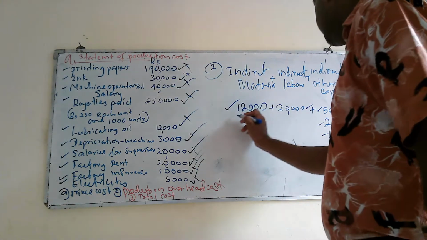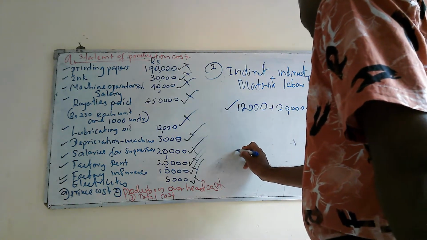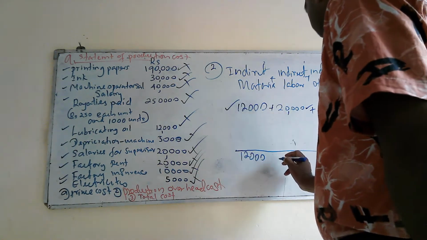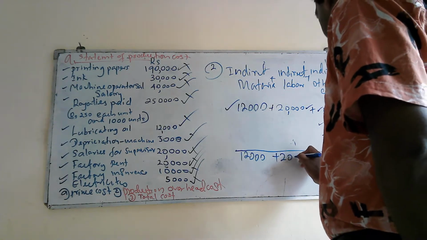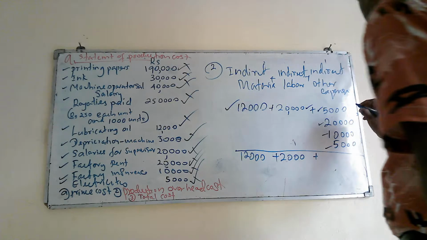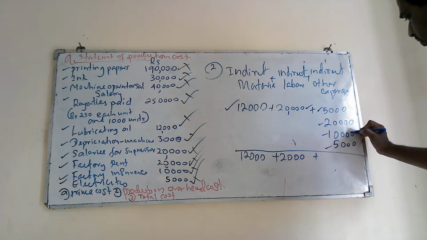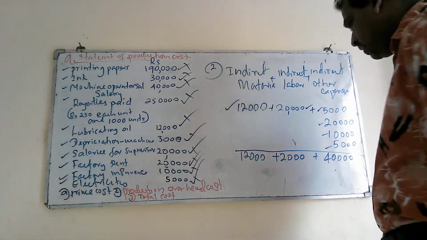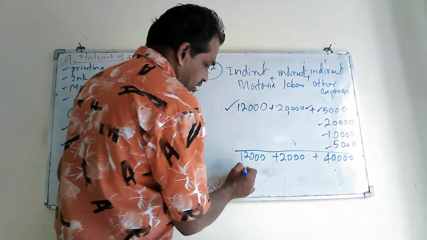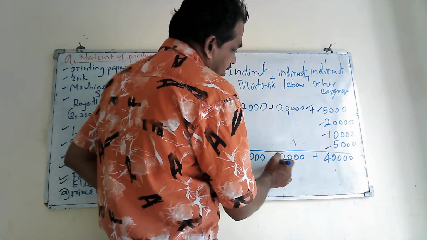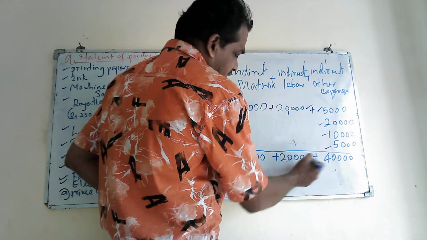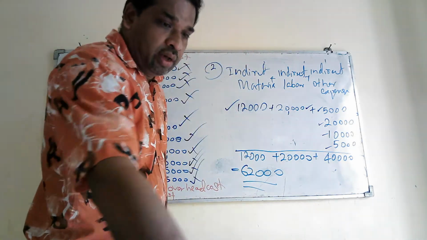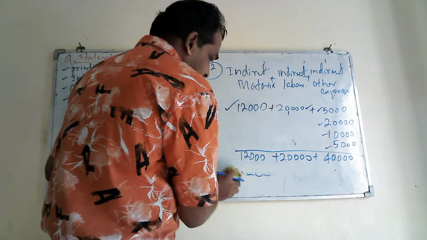Then we can add these. 12,000 indirect material plus 20,000 indirect labor and 5,000, 20,000, 25,000, 10,000, 35, and 5,000, 40, the 40,000 indirect other expenses. Then at these three, 12 and 20, 32, 32 plus 40, 72. You have to indicate it nicely.